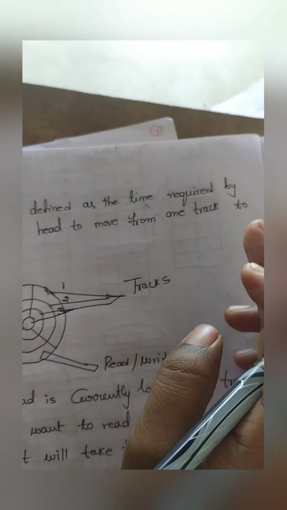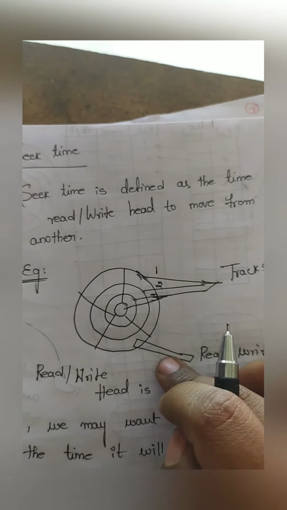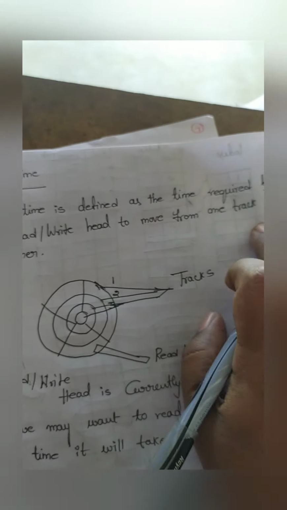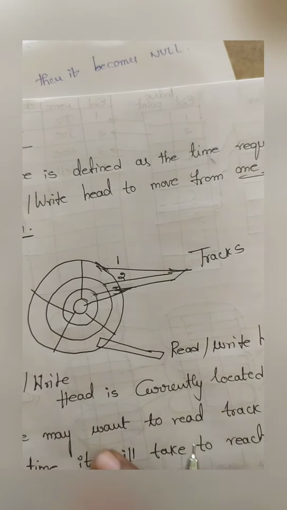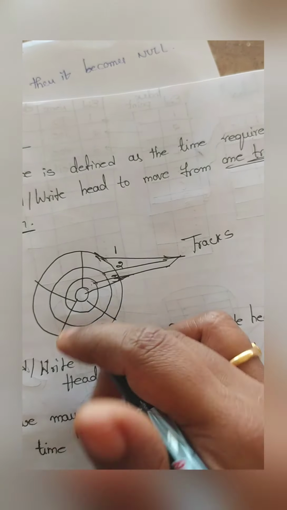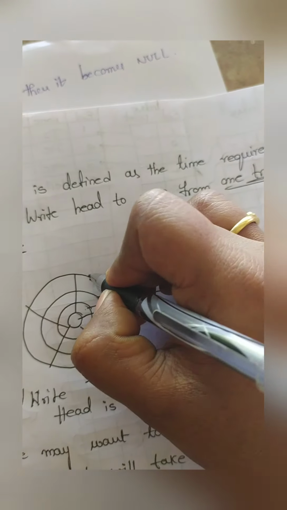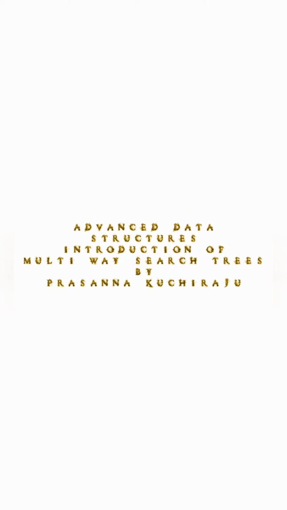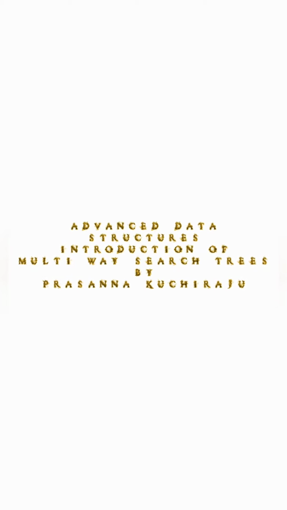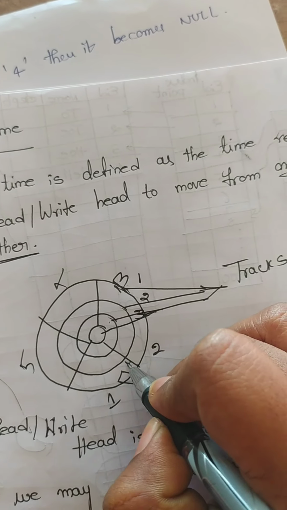Seek time is defined as the time required by the read or write head to move from one track to another. For example, let us take that the read and write head was present in sector 1, sector 2, sector 3, sector 4, sector 5, and this was present in track 1.